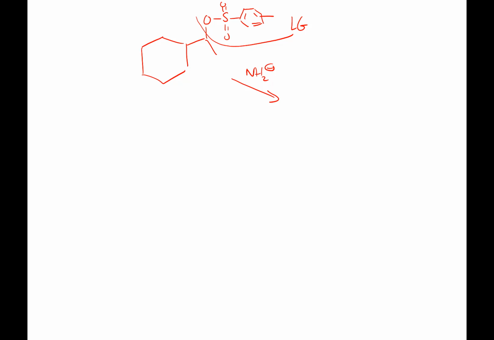So it's going to come in and grab, now here's my alpha carbon, here's a beta carbon, here's a beta carbon. So which beta hydrogen is the NH2 minus going to grab? The one that's going to give you the most substituted double bond. So if I treated that molecule with NH2 minus, I'm going to get the most substituted double bond.